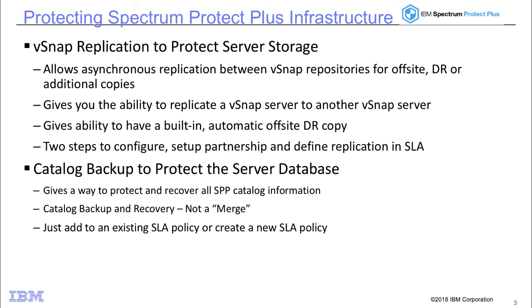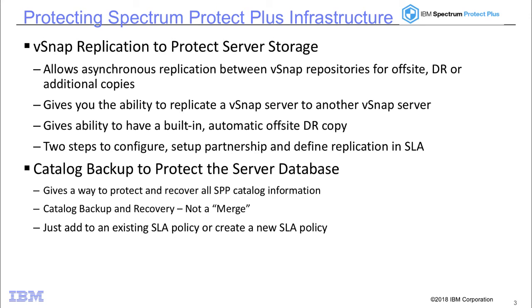The configuration for this, as you'll see in the slides coming up, is really easy. Basically, you set up a partnership between the VSnap storage, and then you set up the times that you're going to do the replication in the SLAs that are doing the backup, and the replication occurs on an automatic schedule.